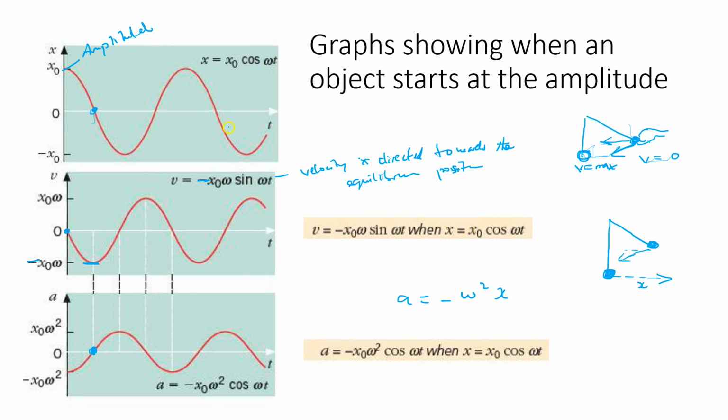When the object has moved to the second amplitude, that is when you can record your maximum acceleration. So you can imagine the object moving from the equilibrium position back to this position here, where you record the next amplitude.